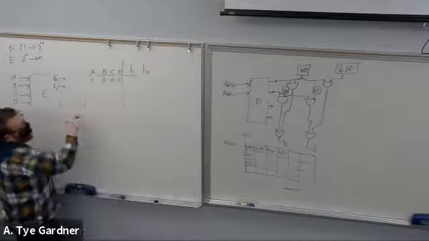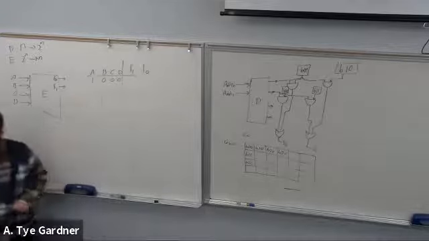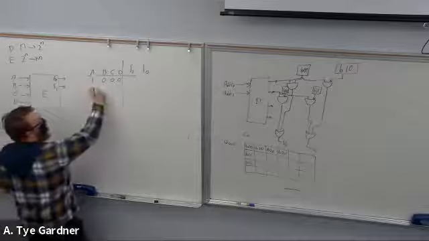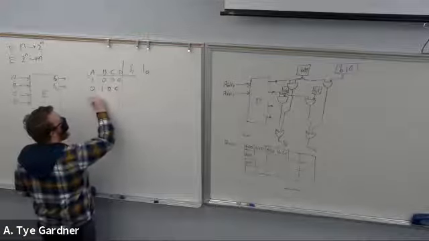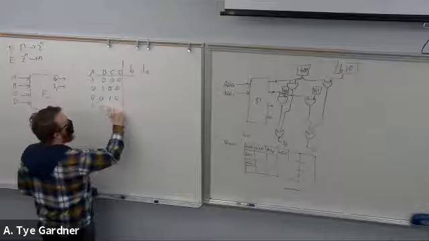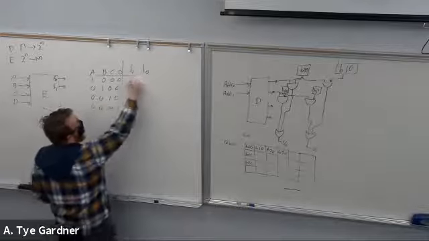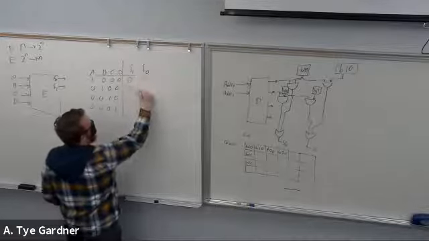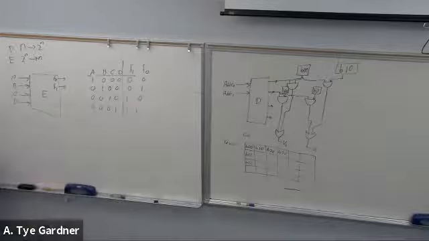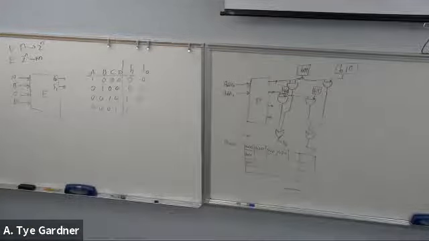Okay, so 1 hot inputs, meaning 1 and only 1 is high. 0, 0, 0, 0 is nonsense. So these are my 4 possible 1 hot encodings. And the outputs are 0, 0, 0, 1, 1, 0, 1, 1. That's all an encoder is doing. It's undoing whatever the input is.